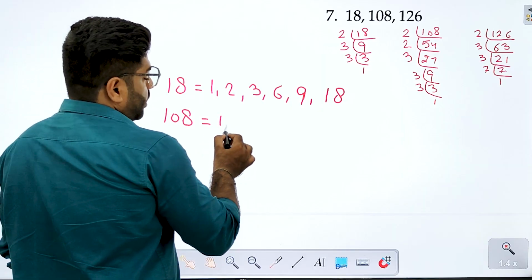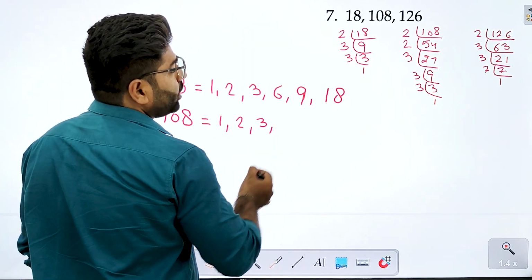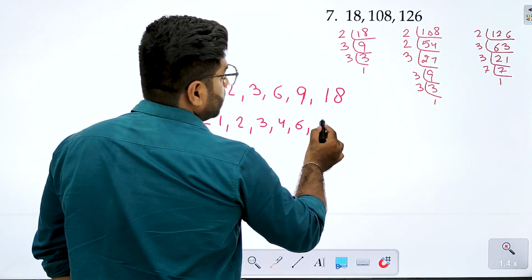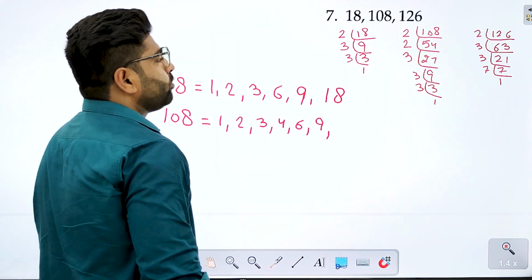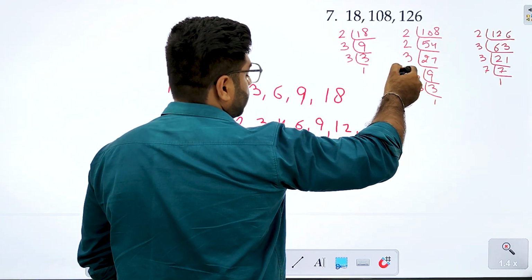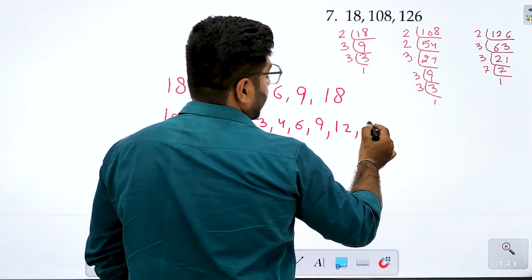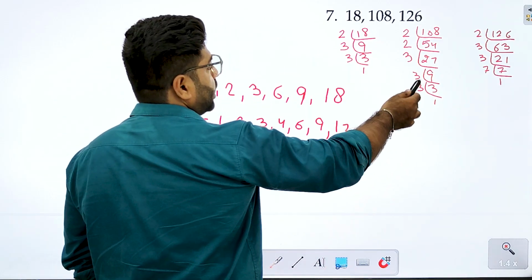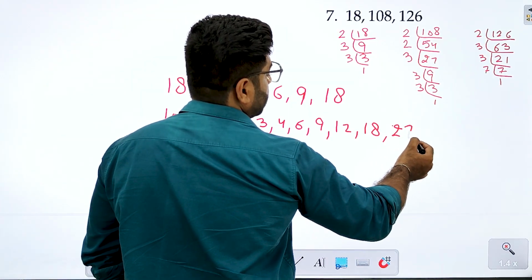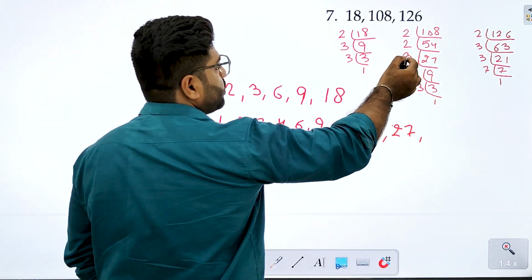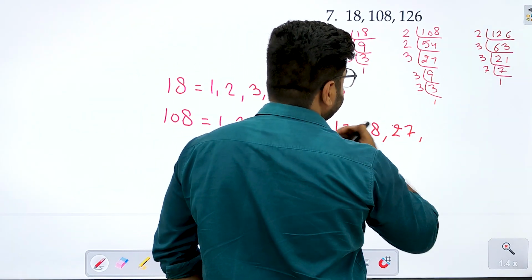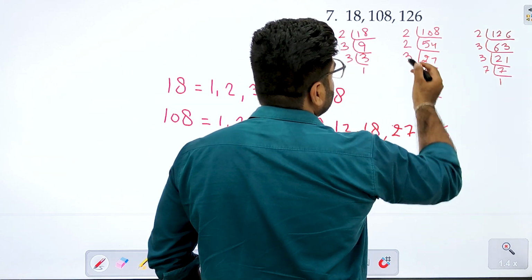So the first ones are 1, 2, 3, then 2 times 2 is 4, then 3 times 2 is 6, 3 times 3 is 9, then 4 times 3 is 12, then 2 times 9 is 18, 9 times 3 is 27, then 9 times 4 is 36.